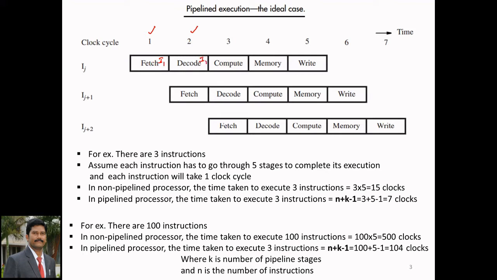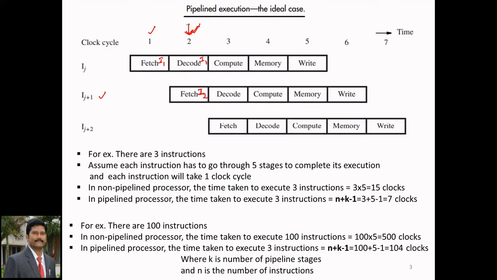So I1 is now decoding in this second clock cycle. At this time decode is busy, but the fetch unit is idle, because I1 was already given to the decode stage. Then the fetch unit is free, so the next instruction, I2, enters.